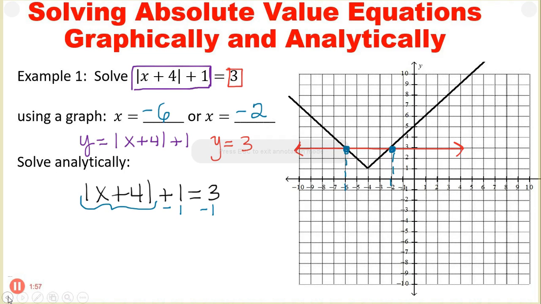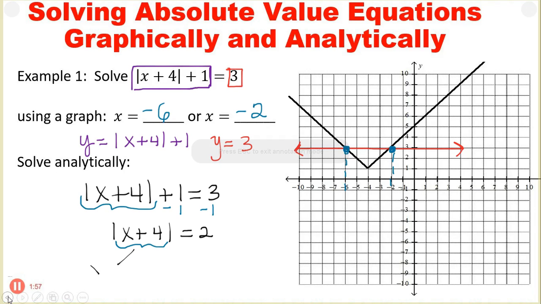When I subtract the 1, I have the absolute value of x plus 4 is equal to 2. And now we're ready to separate it. There are two different numbers that I can put in this bracket that have an absolute value of 2. The first one is +2, and the second one is -2.